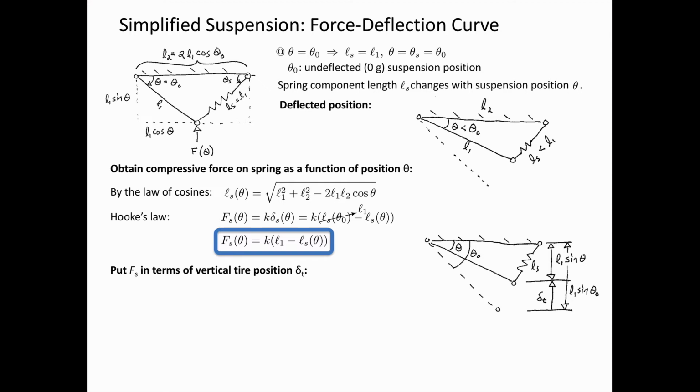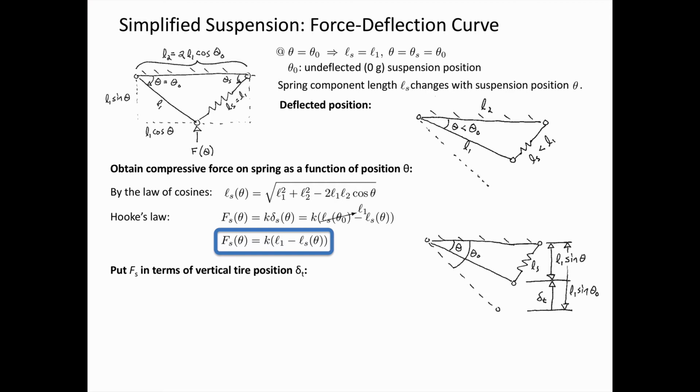Looking at the sketch here toward the bottom right, we can measure the distance between the bottom joint and the vehicle frame at the two different positions. So when we are at the undeflected position, the distance from the bottom joint where the force is applied, the distance between that and the vehicle frame is L1 sine theta naught.